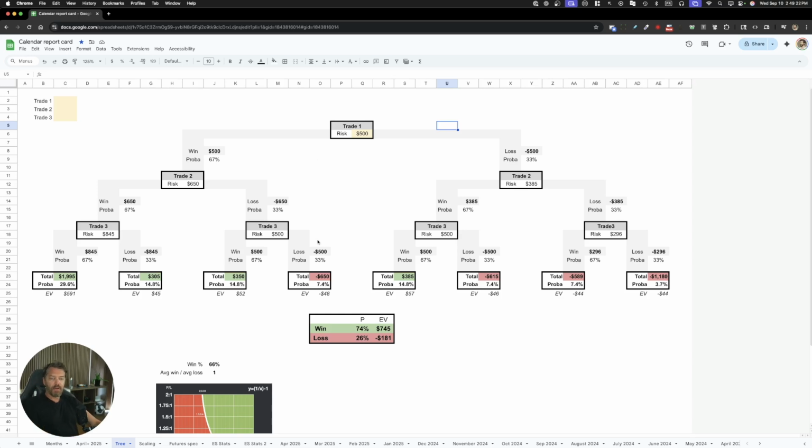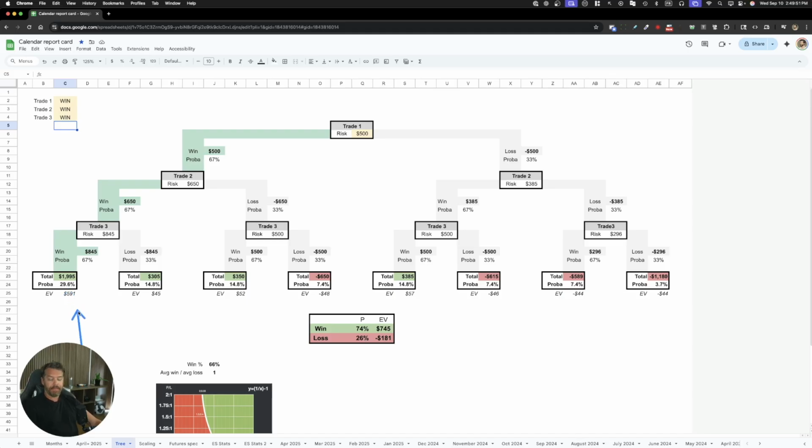So based on a win percentage of 66% and a risk-reward ratio of 1, if you win 3 consecutive trades, well, you are profitable, obviously. 66% times 66% times 66%, you have basically close to 30% chance of having 3 profitable trades. Okay.